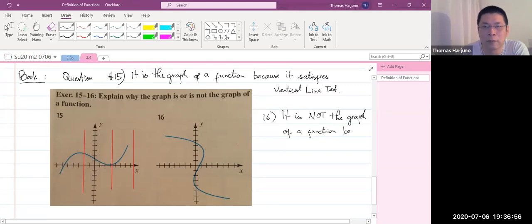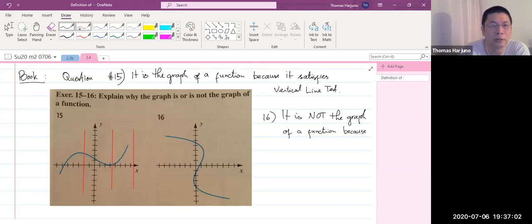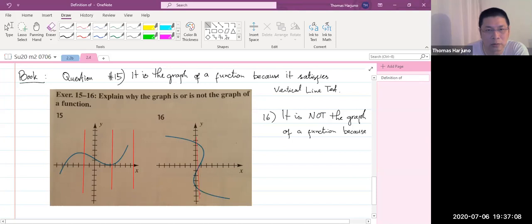Because now, find a counterexample. Find a vertical line that intersects the graph more than once. Let's say this one here. Actually, I'm thinking too hard, right?